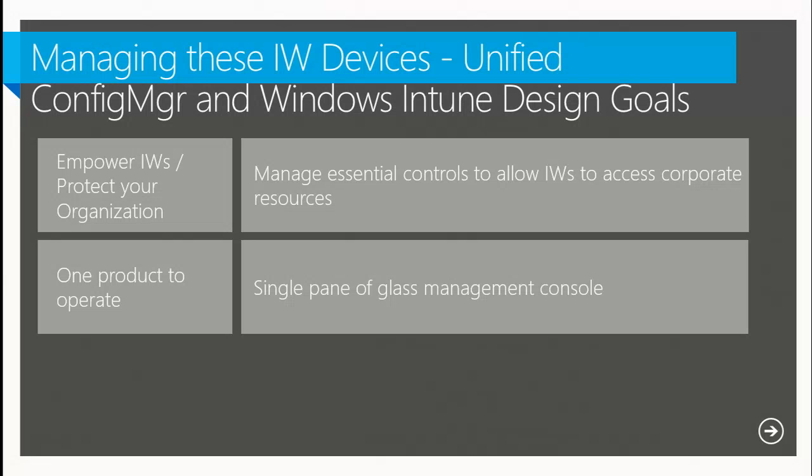The other thing, and I've reinforced this earlier, is that as we think about unification between Configuration Manager and Intune, we wanted to leverage the best elements of both. Windows Intune is great in terms of being able to provide a cloud-hosted, available-from-anywhere type of offering for your mobile devices. It meets that scenario to a T. Those mobile devices tend to connect from anywhere, so why not hit a cloud backend?